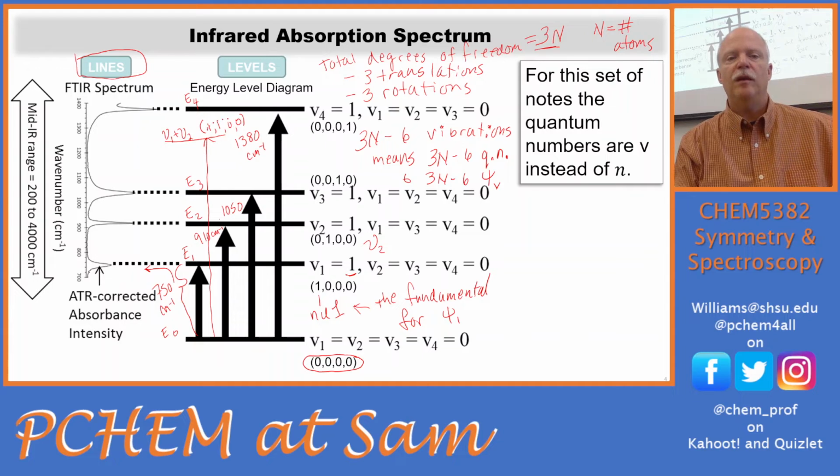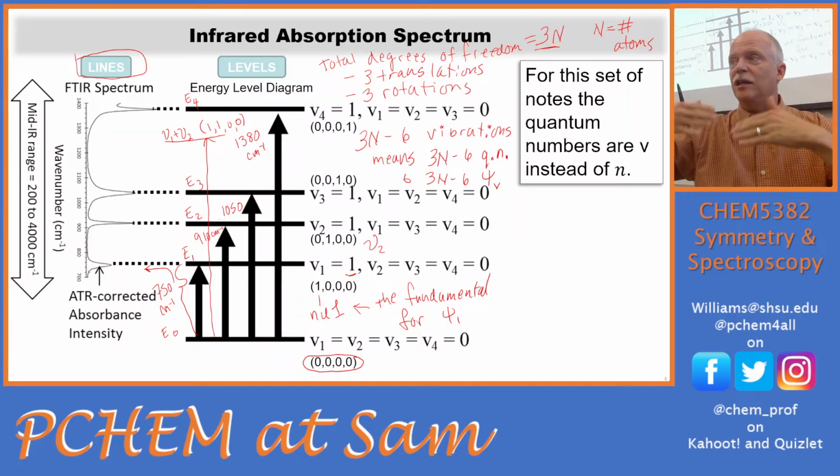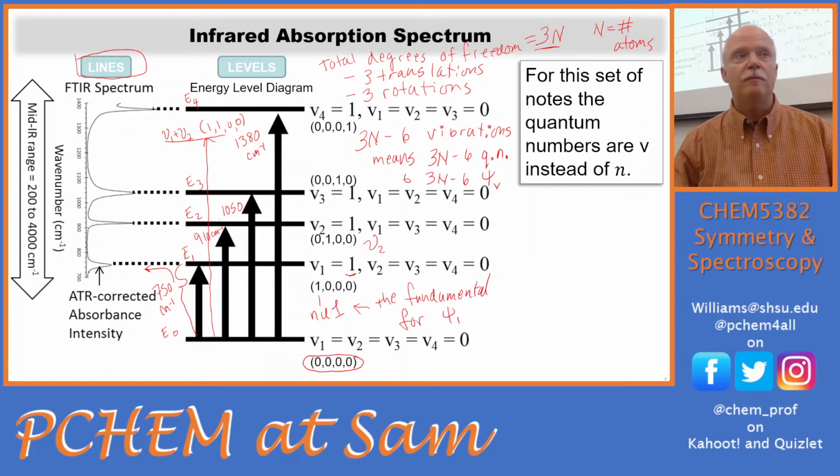So look at my quantum number designations. I've gone from 0, 0, 0, 0 to 1, 1, 0, 0. Now that can happen in a molecule. It's called a combination band. So you've got your guitar and now two strings are hit at the same time and they're oscillating with each other.